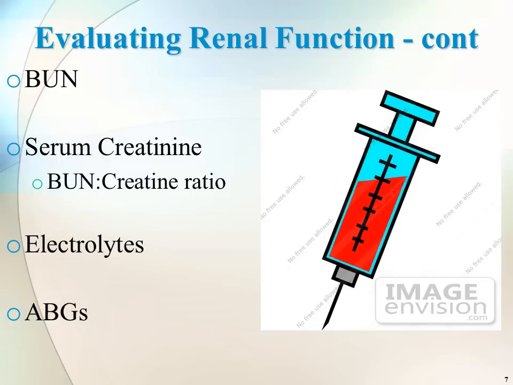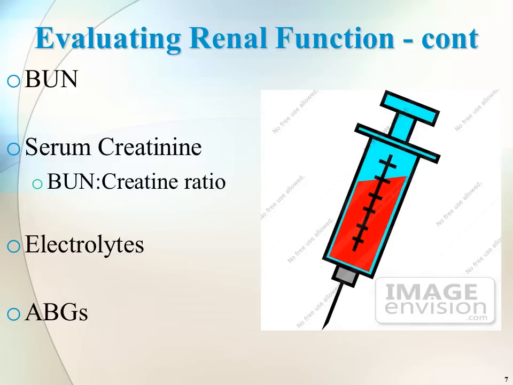Let's look at some of the blood studies as we're evaluating renal function. BUN, blood urea nitrogen. Urea, as we know, is the end result of protein metabolism. It's filtered by the glomerulus and it is eliminated in the urine. Glomerular filtration rate and the urine concentrating capacity is reflected by the concentration of urea in the urine.